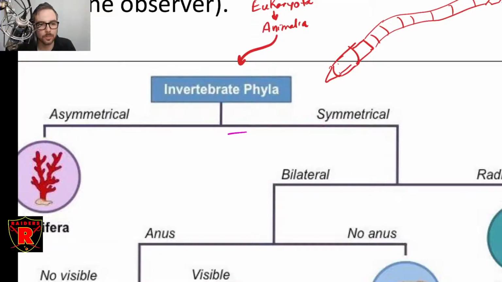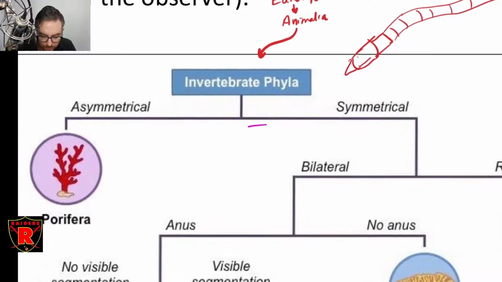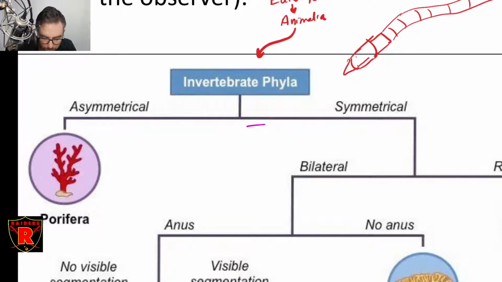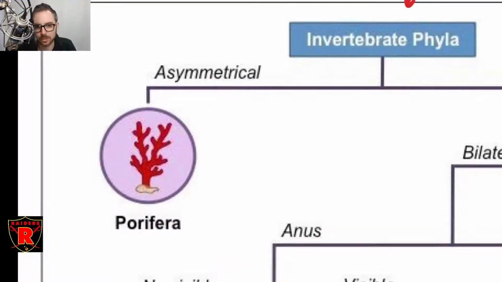Is this organism asymmetrical or symmetrical? So is there a line of symmetry within the organism? And hopefully from math class, you know what symmetry means, from geometry.